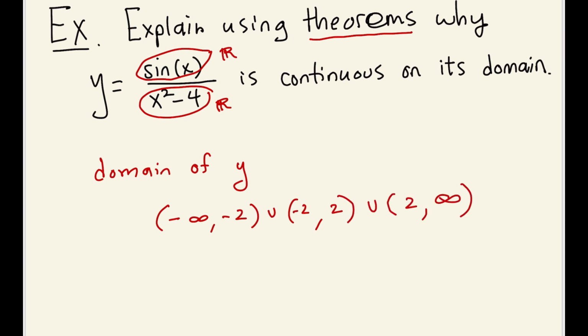Okay, and we can see that both sine x and x squared minus 4 are continuous at all of these values, which means that the quotient is continuous at all of the values in its domain. Okay, and then this implies y is continuous.